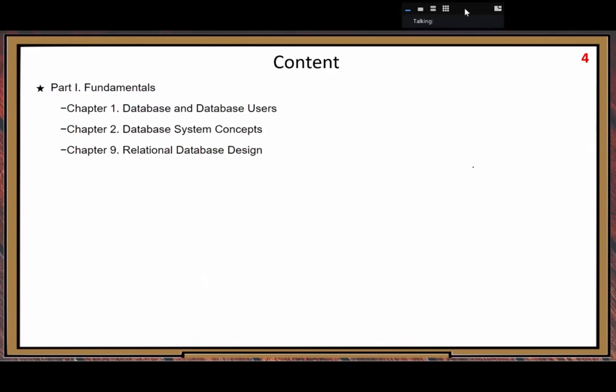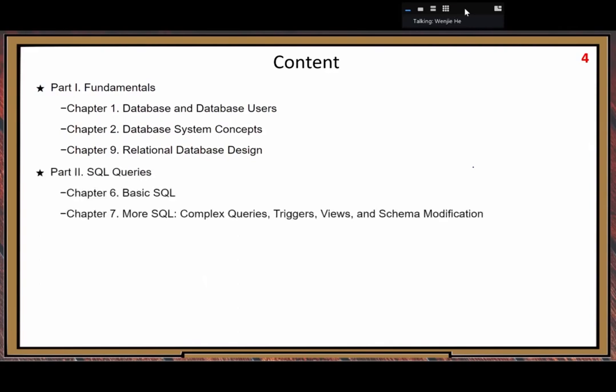Part 2, SQL queries. After we have some basic knowledge, then we can start doing SQL queries. Chapter 6 is the basic SQL, and that's before our midterm.